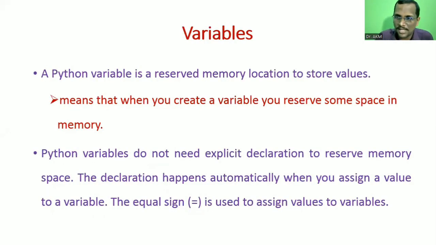First, what is a variable? A Python variable is a reserved memory location to store values, which means that when you create a variable, you reserve some space in memory. Python variables do not need an explicit declaration to reserve memory space.